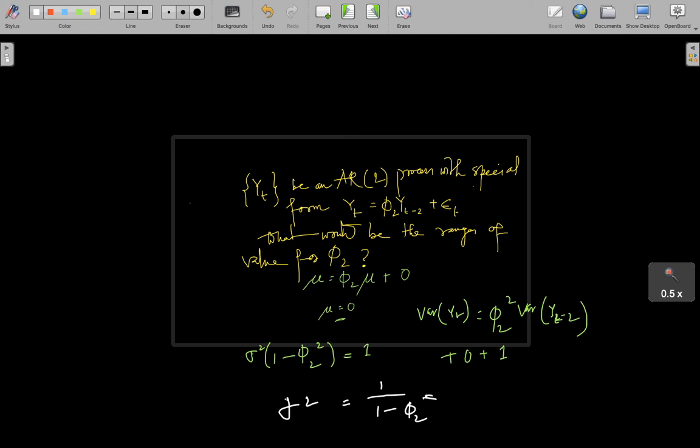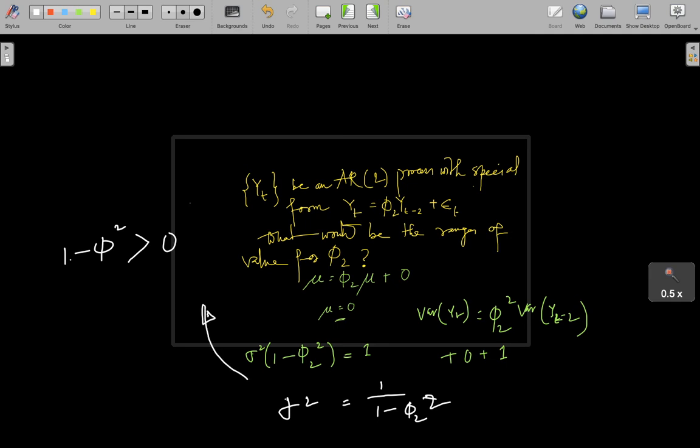Now from this equation we can say that the value of 1 minus phi 2 square has to be greater than 0, because you cannot afford to have your denominator negative, as your variance term is always positive. So that's ruled out. So that's the condition that you get from here.